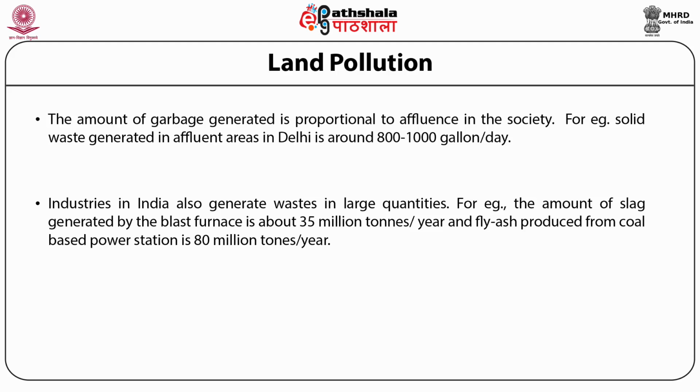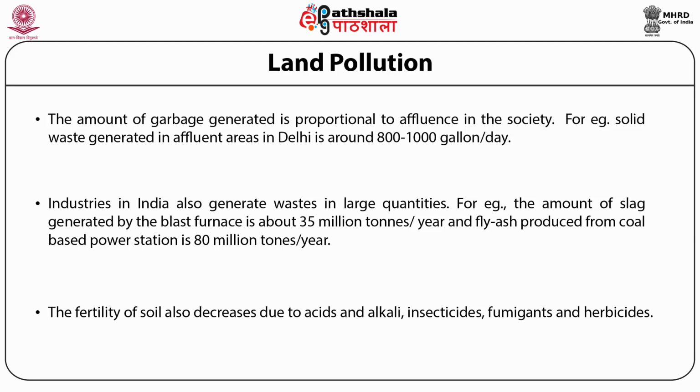For example, the amount of slag generated by the blast furnace is about 35 million tons per year, and fly ash produced from coal-based power stations is 80 million tons per year. The fertility of soil also decreases due to acids and alkali, insecticides, fumigants, and herbicides.